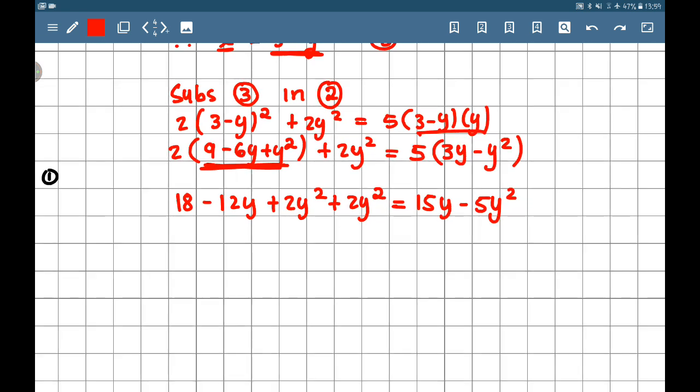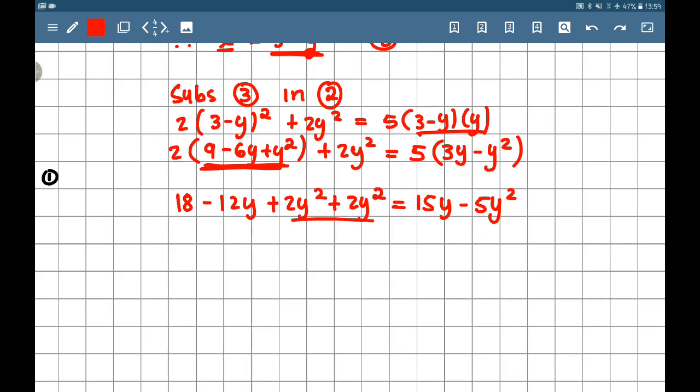So from here, we group like terms together. We're going to get 4y squared minus 12y plus 18. When we transpose the 15y, it's going to be minus 15y, right? Yes. It's going to be minus 15y.